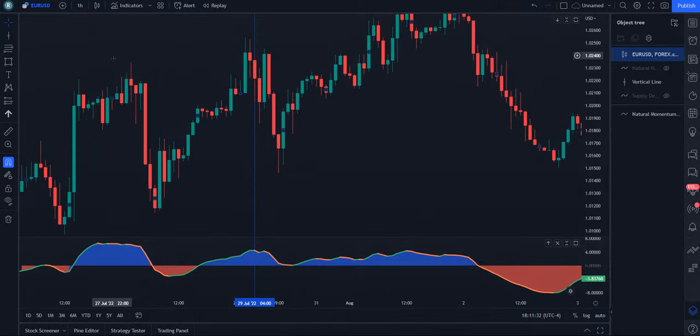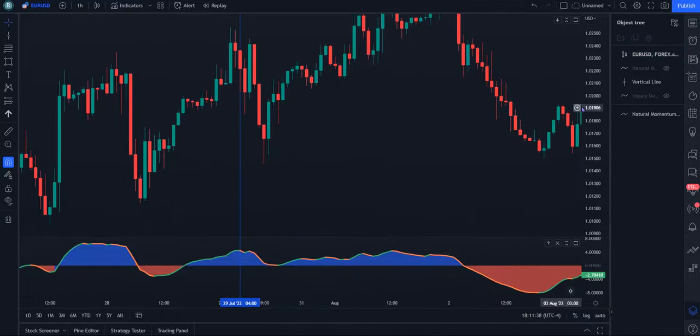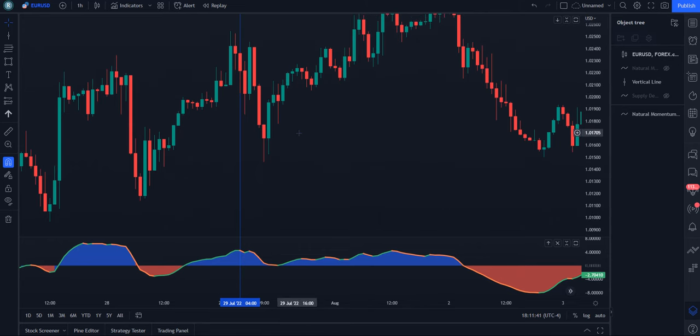Either take partial profits up here and hold long term if you think it's still going to continue up, which we see it does. So let's move it to here. Retraces down, but like I mentioned, never goes below the zero line. So it's not giving us any sort of sell signal to think that now the momentum is on the downside.